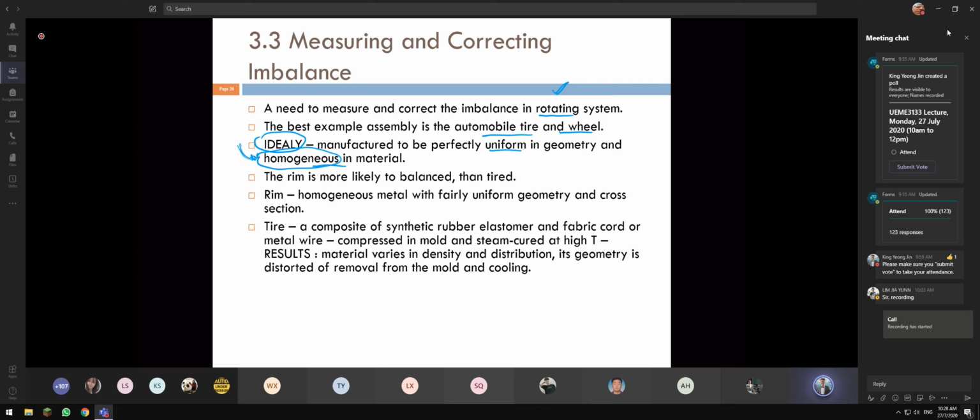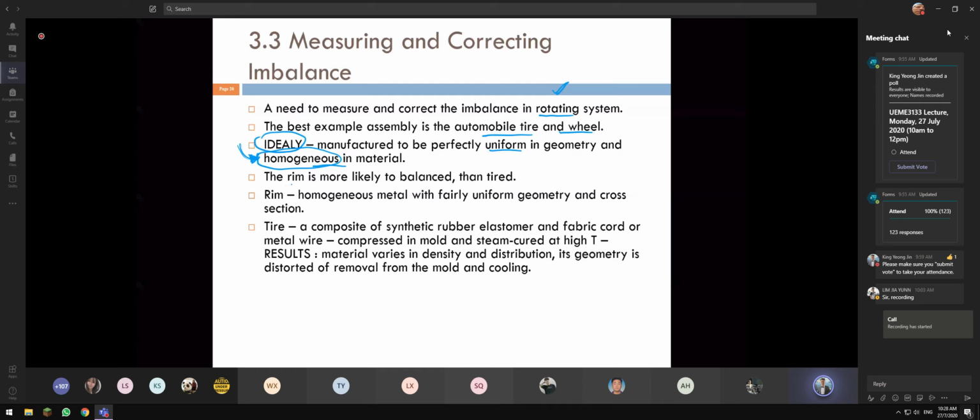That's why, however good your manufacturing is, at the end of the day we still have to check whether the system is balanced or not, especially for very high rotating speed products, like turbine blades and so on. Right?